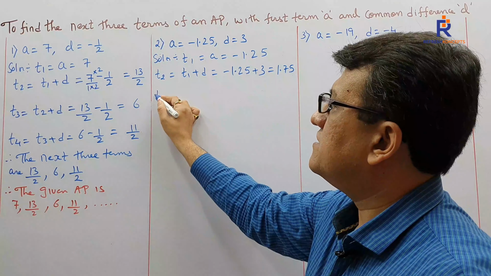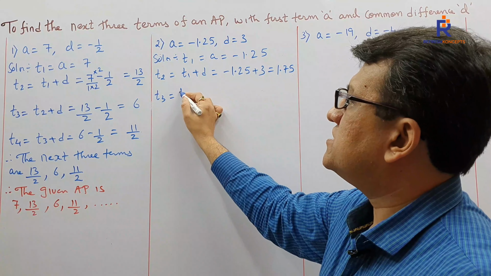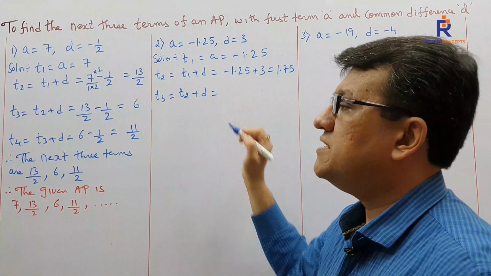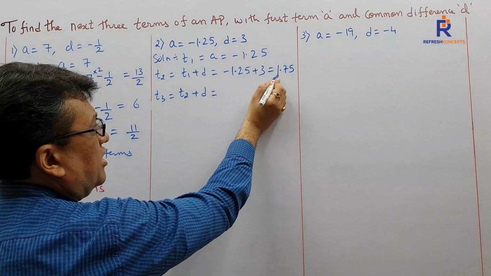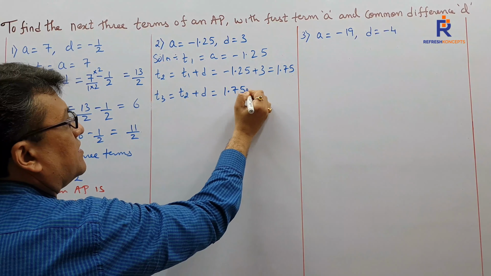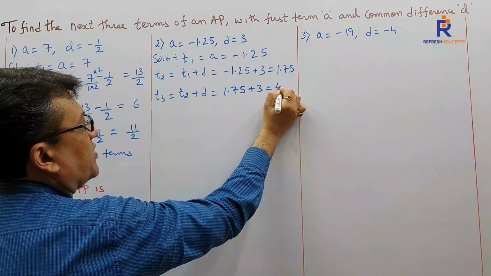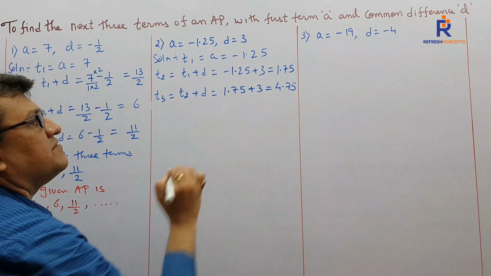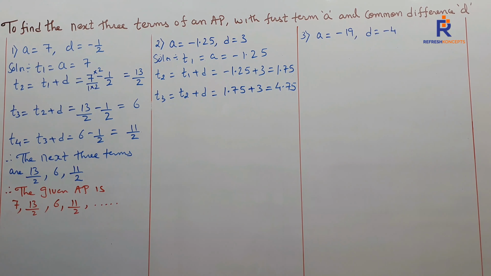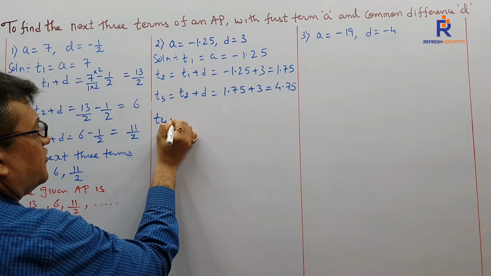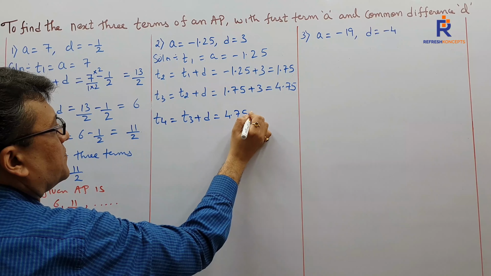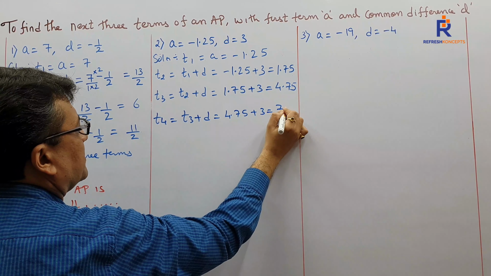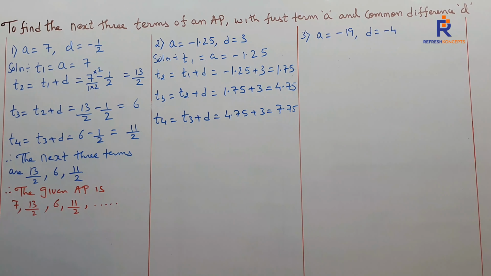How about T3? T3 equals T2 plus D. T2 is now known to me, 1.75 plus D, 4.75. How about T4? T4 is T3 plus D, 4.75 plus 3, 7.75. I shall first write down their answer.